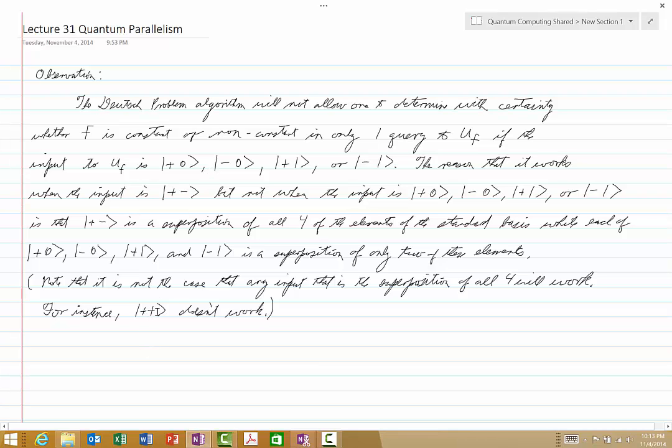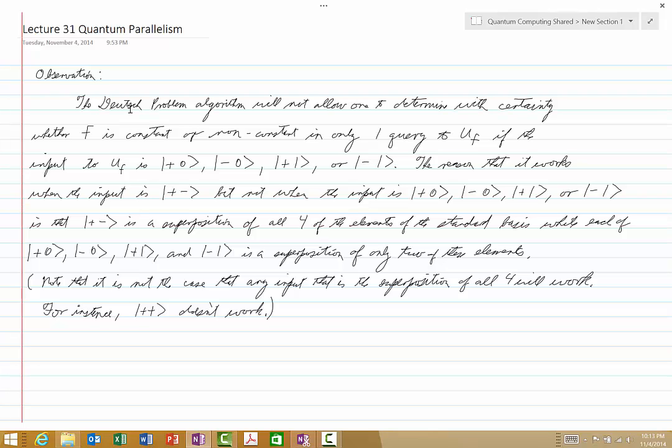But we saw that for plus minus you could. And so again, the fact that plus minus is a superposition of all four is necessary, but it's not sufficient. Okay, but the very interesting point here is that we only have one query of u sub f, and the input is just that one state plus minus.